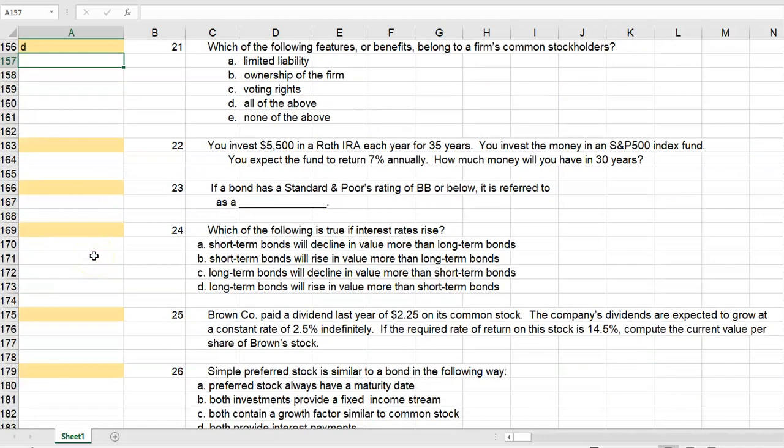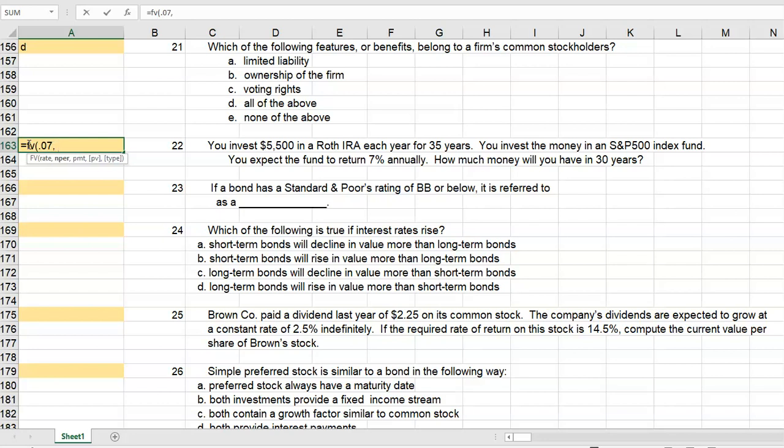You invest $5,000 in a Roth IRA each year. You put your money in the S&P 500. Good for you. You expect to return 7% annually. How much will you have in 30 years? Looks like a straightforward future value. My rate is annually 0.07.